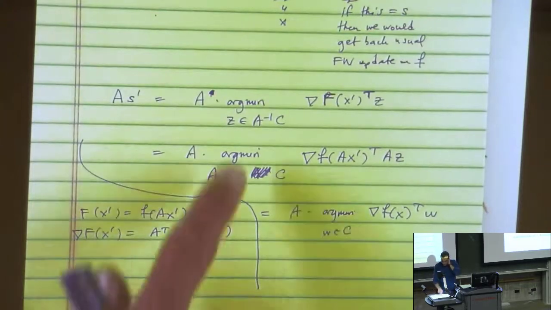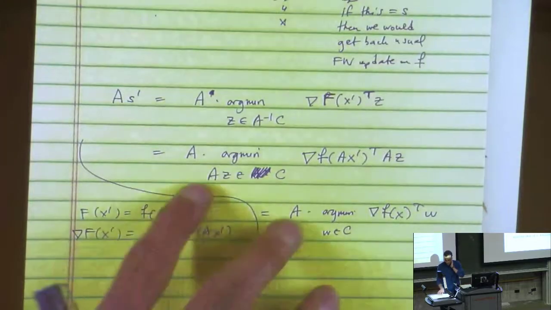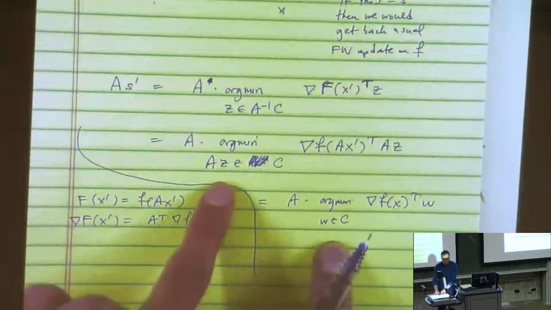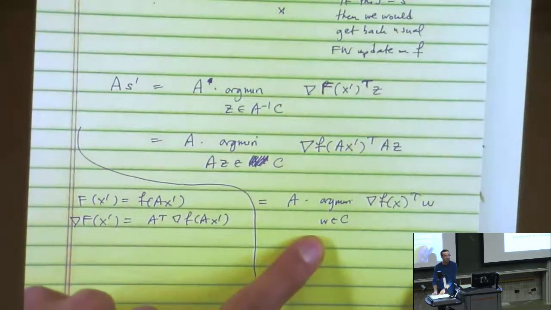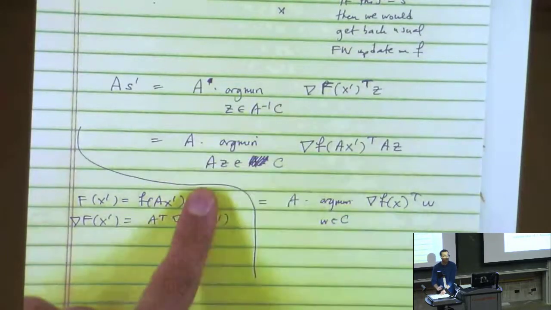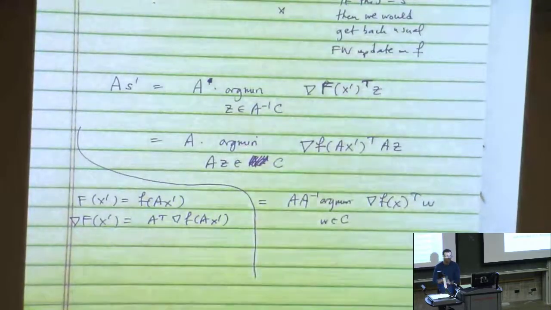Of course. Going from here to here. Okay. This is the difference between mins and argmins. This is why this is difficult. The minimums match if I relabel A z equal w, but the minimizers don't. The minimizer here is going to be A inverse what it was here. So by going to the argmins, I have to pull out an A inverse.